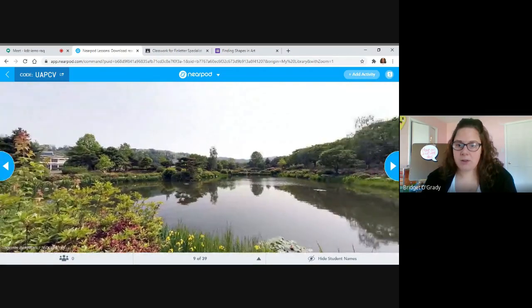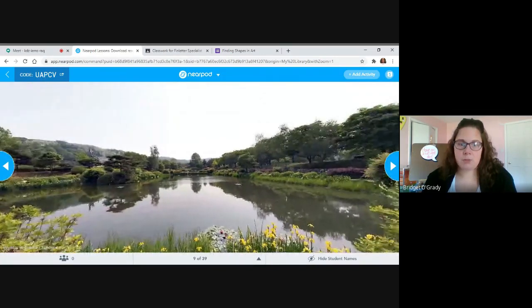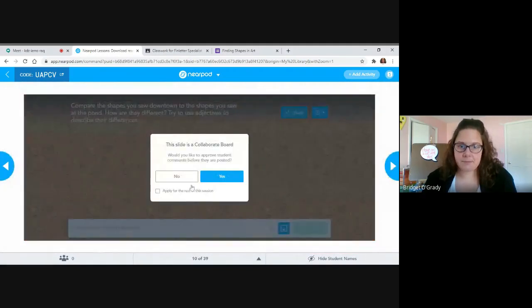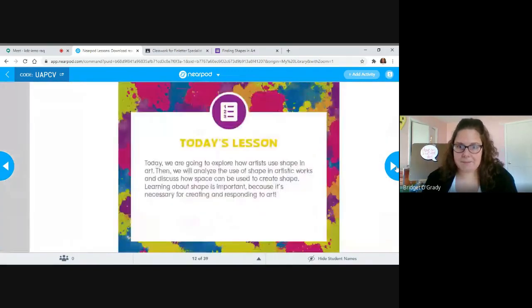Just think to yourself what you're seeing and how each picture differs from the other one. All right, we can skip over that. That was just you thinking about it.